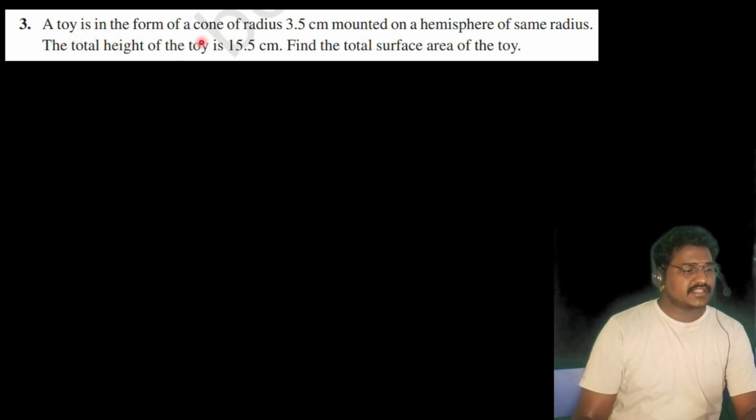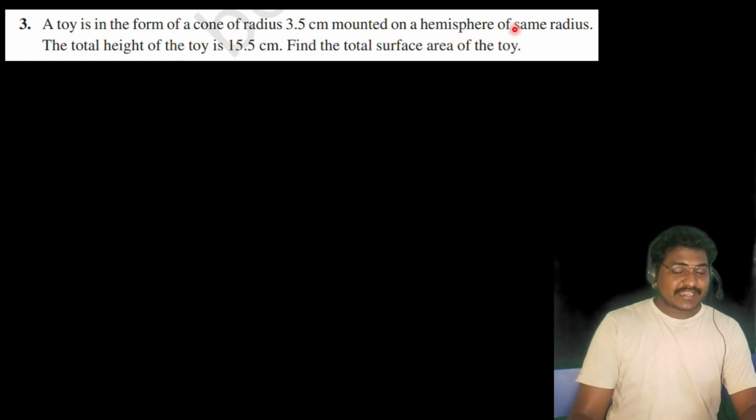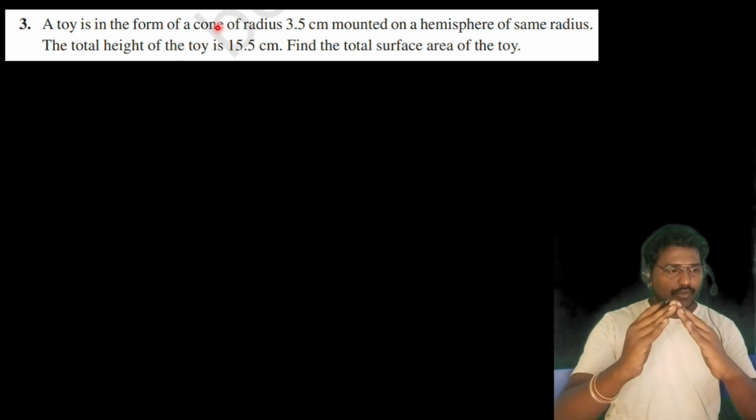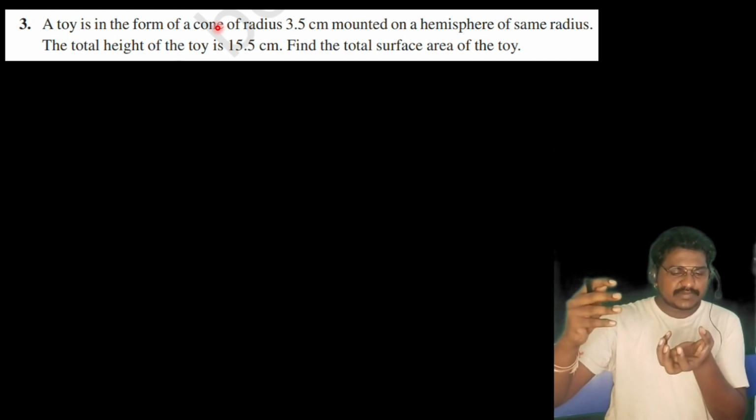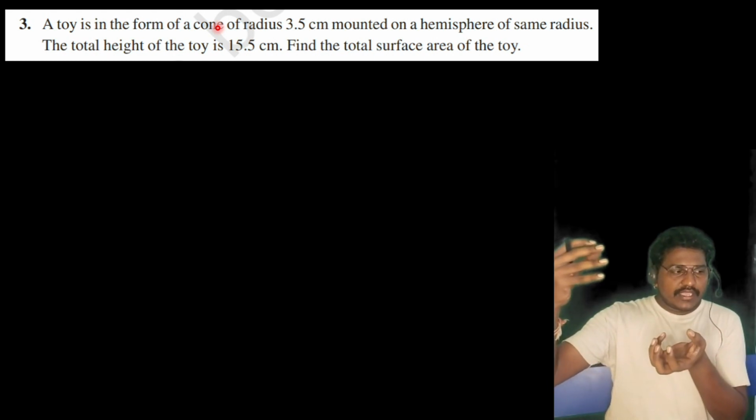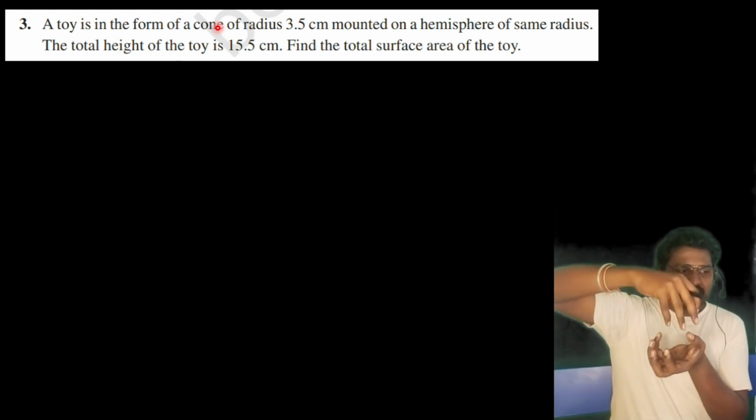A toy is in the form of a cone of radius 3.5 centimeter mounted on a hemisphere of the same radius. Here it was clearly given that it is a hemisphere of the same radius. That means the toy is in the form of a cone, and it is mounted on a hemisphere.